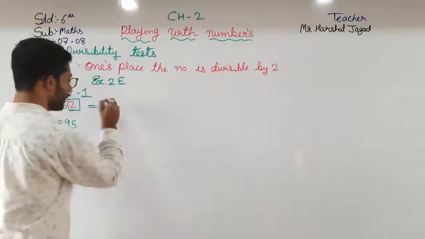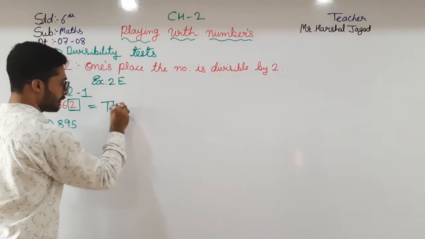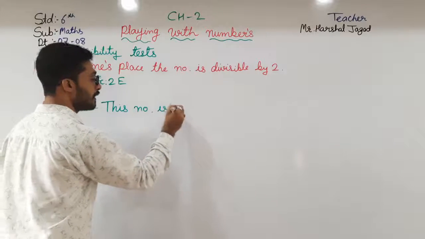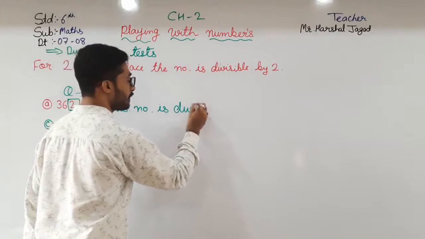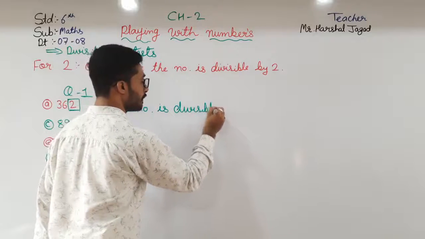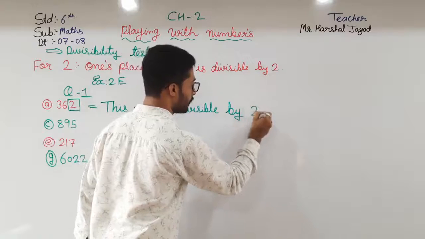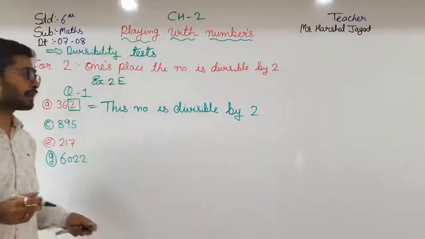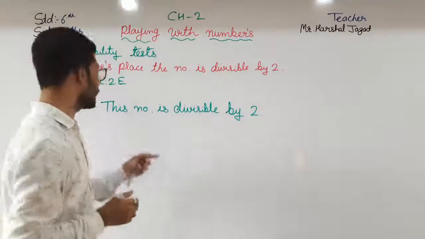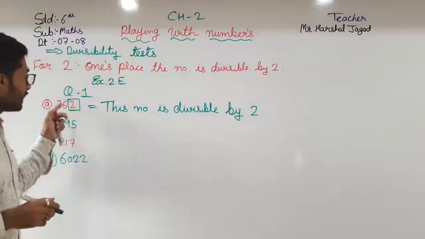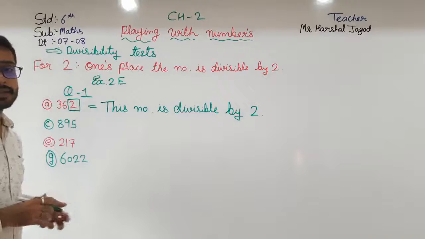So this number is divisible by 2, because the ones place digit is divisible by 2.